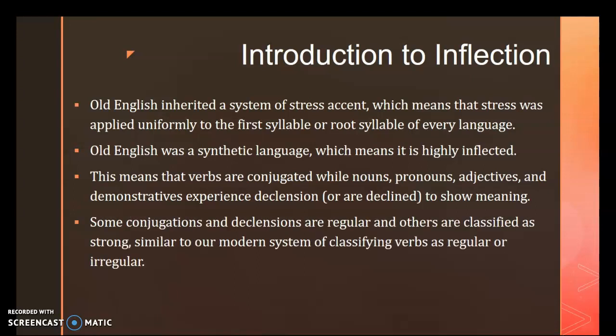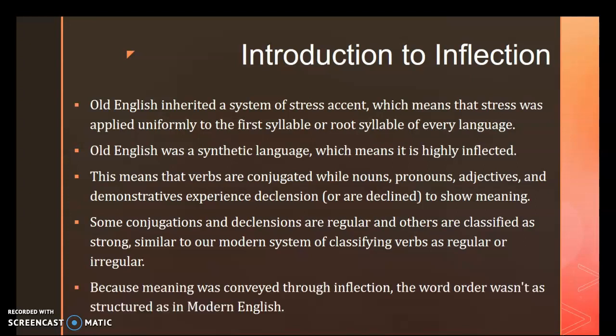Okay, some conjugations and declensions are regular, others are classified as strong, similar to our modern system of classifying verbs as regular or irregular. So because meaning was conveyed through inflection, then word order wasn't as structured as it is in our language today.